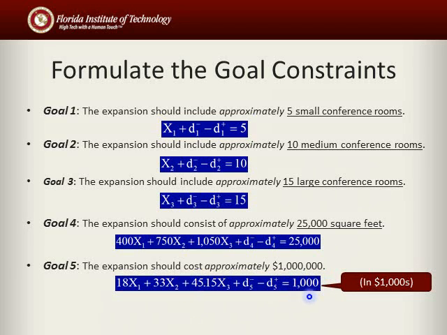I set it up here as 1,000. This is in thousands, so that's $1 million. So this is how we formulate the goals for this problem, and of course we want our deviational variables to be greater than or equal to 0, and our decision variables x1, x2, and x3 to be greater than or equal to 0 as well.